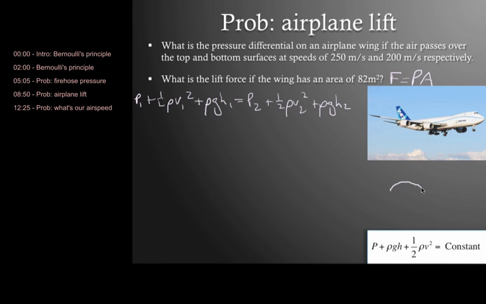So if we look at this wing, then the velocity on the top is going to be this 250. And the velocity of the air on the bottom is going to be 200 meters per second. This difference in velocity is going to cause a pressure difference, and this pressure difference is what we're looking for.